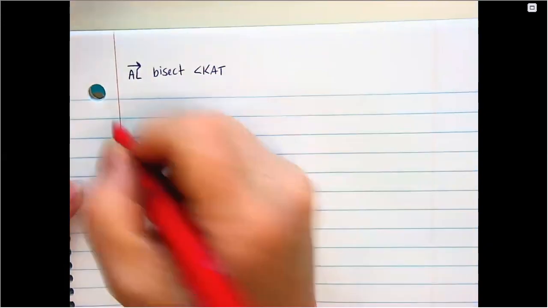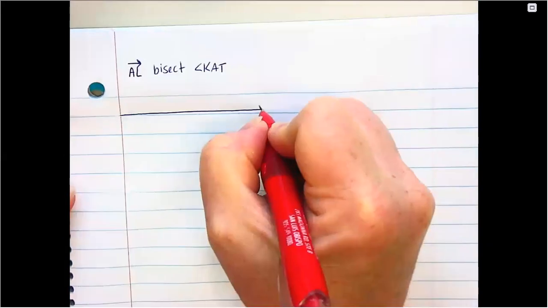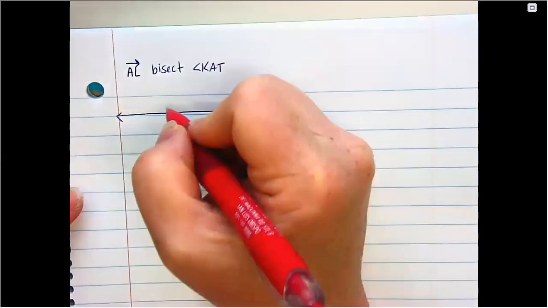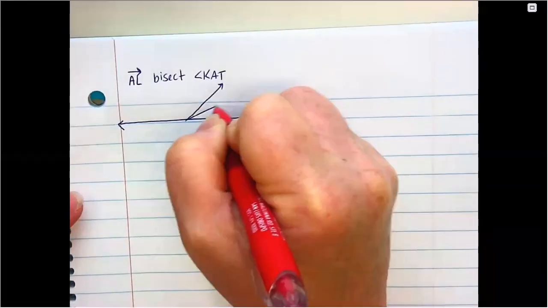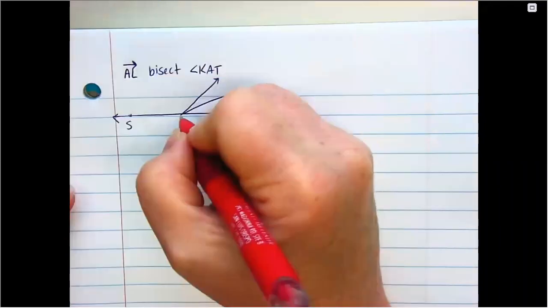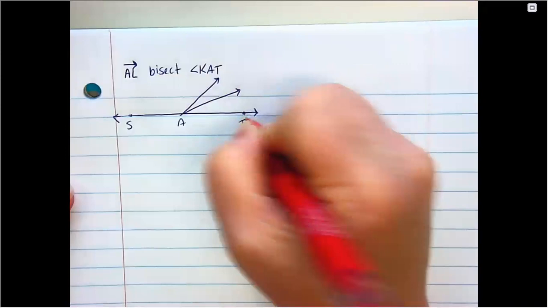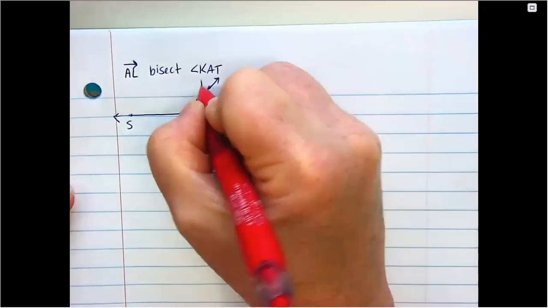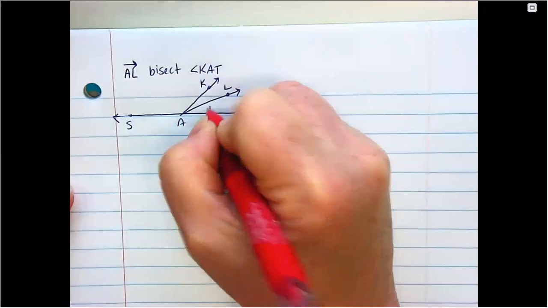So let's look at, what does that mean to us? So if we draw our picture again, we're going to label this S, A, T. This one's K and L. You go 1, 2, 3.